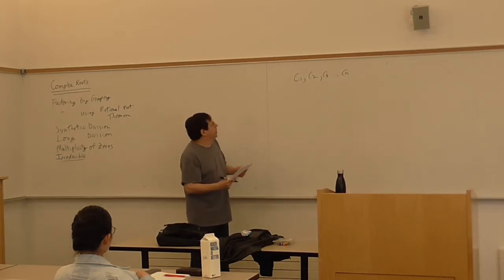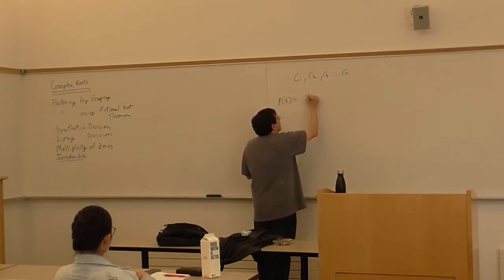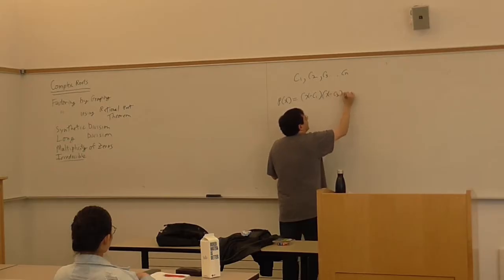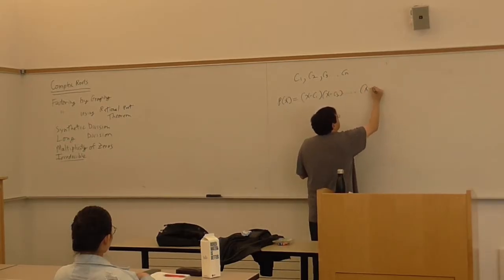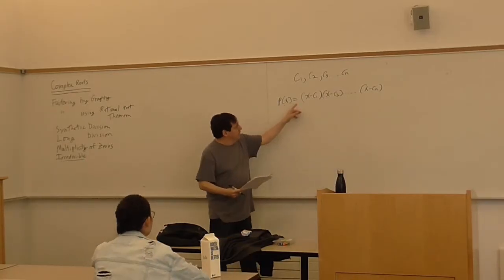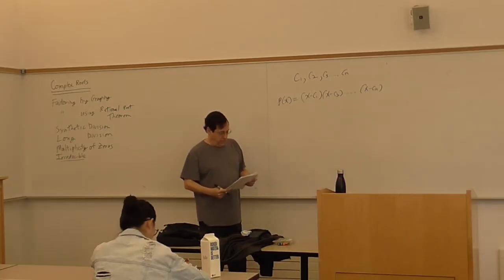Well, that's real easy. The polynomial will just be x minus c1 times x minus c2 all the way up to x minus cn. That way, whenever I plug in one of these c's, one of these factors is 0 and the whole thing is 0.